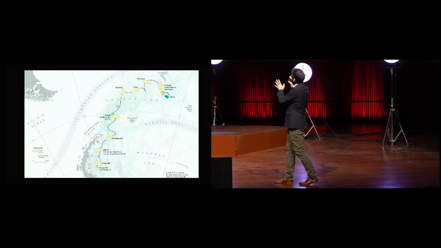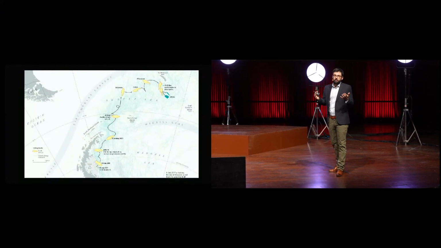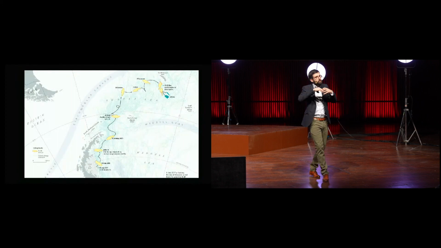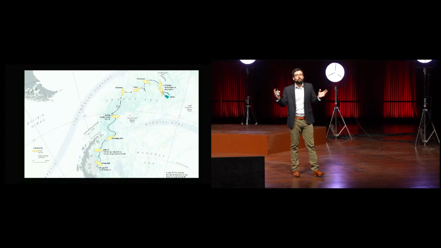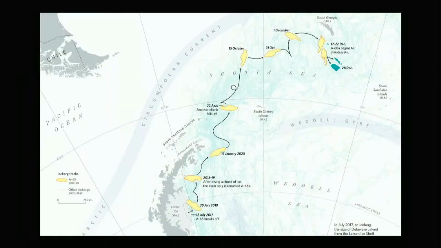One of my other favorite examples of this was how we finish the book, Atlas of the Invisible. And it shows the tracks of historic icebergs that have been followed by satellite imagery. And in particular, this big iceberg, one of the largest ever recorded, breaking off from the Larsen ice shelf and kind of spiraling towards South Georgia, where it hits shallower seas and it breaks up.